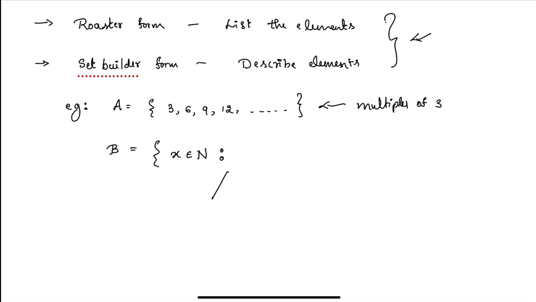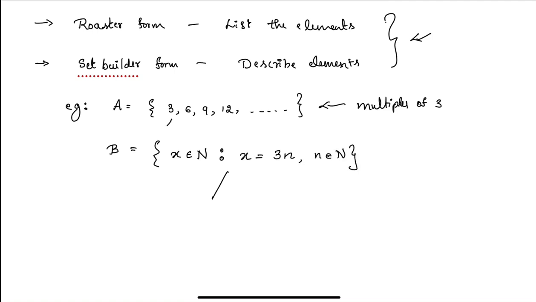Now, x is a multiple of 3. How can we write a multiple of 3? We can write it as 3n, where again n belongs to naturals.